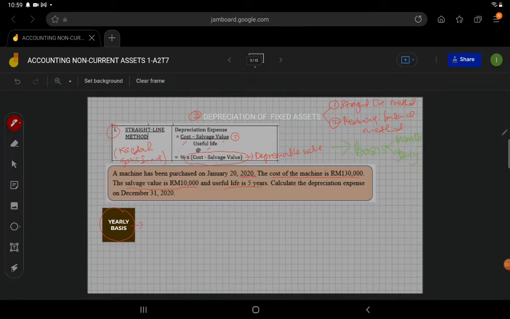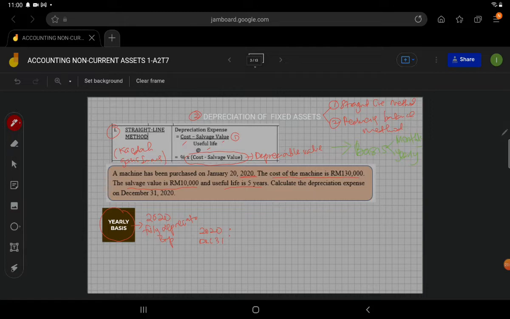That means 2020 fully depreciation expense dia. Okay. So, macam mana kita nak kira? Okay, 2020 December 31, macam mana kita nak kira?